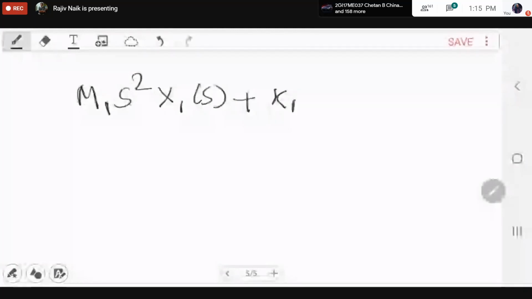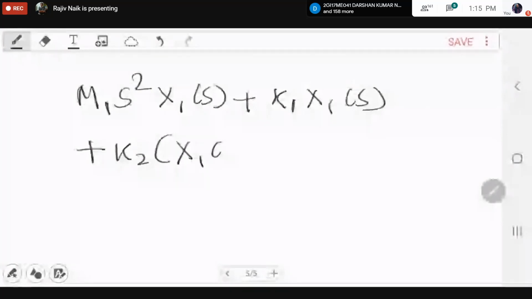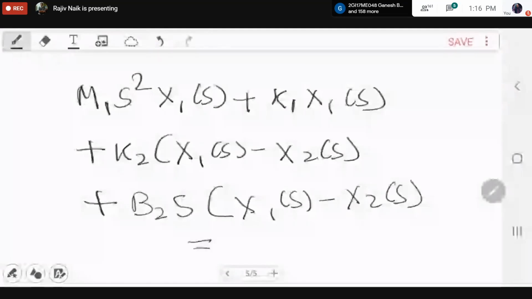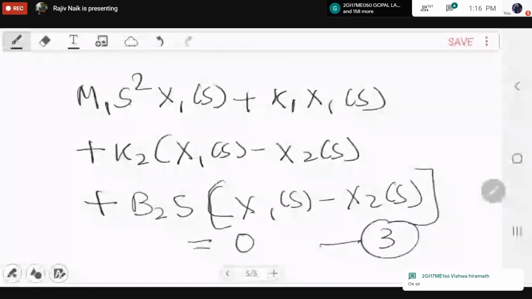Then you have K1 into X1 of s plus K2 into bracket X1 of s minus X2 of s plus B2 s, because dx by dt is there, s I am taking common outside, X1 of s minus X2 of s is equal to 0. Is it okay? So this is equation number 3.